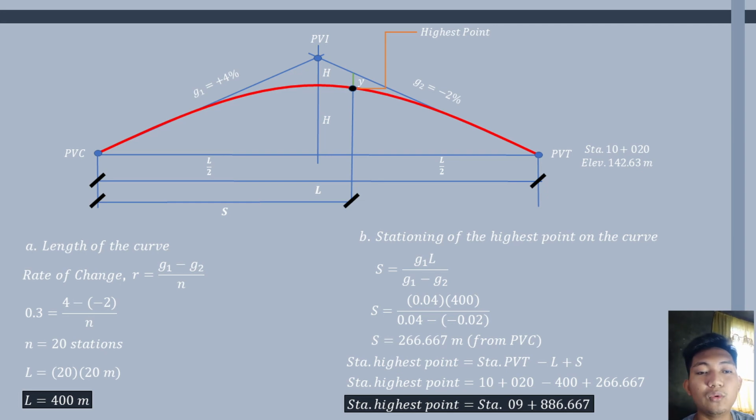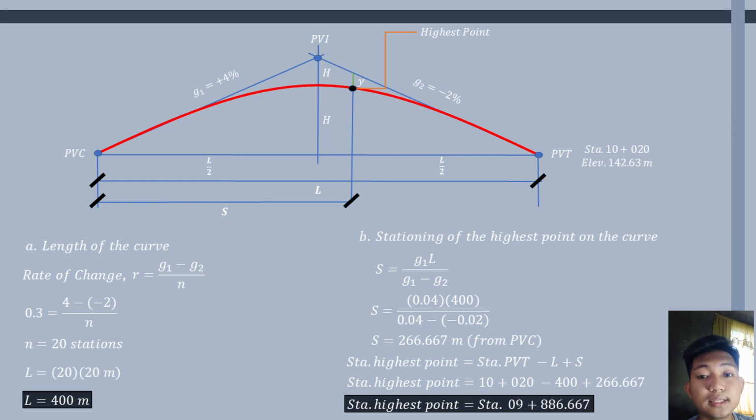So by nakuha na nimo ang S, maka-compute na ka sa highest point or the station of the highest point. So, ang pagkuha sa station sa highest point is station sa PVT minus sa L or the length of the curve plus the S. So naa tay given nga station sa PVT which is 10 plus 0, 20.